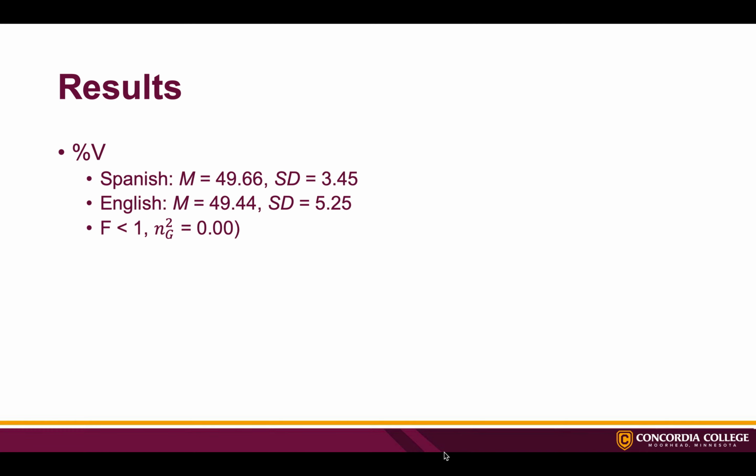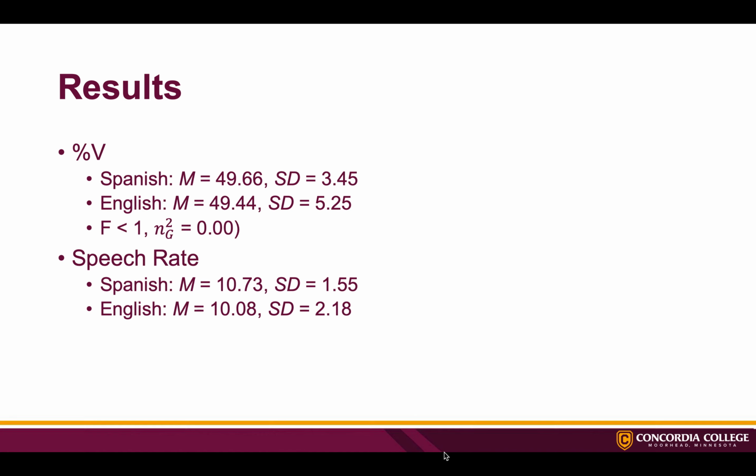North American English, as well as Canadian English, in many studies is reported as about 49 or so, and for Spanish as well. For speech rate, there was a small effect found in which Spanish was slightly faster than English, or had a greater speech rate rather, and this effect size was small, 0.06.